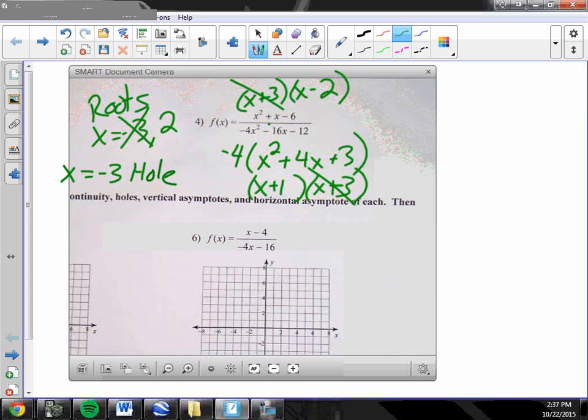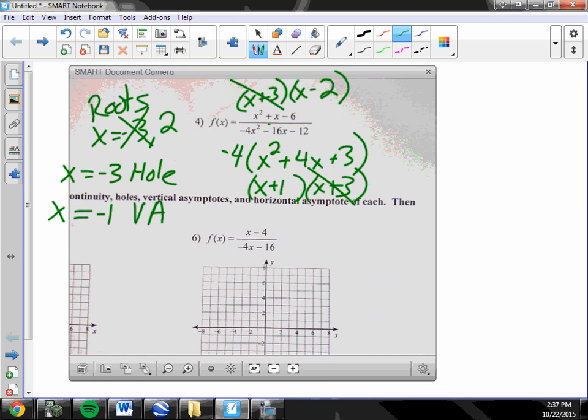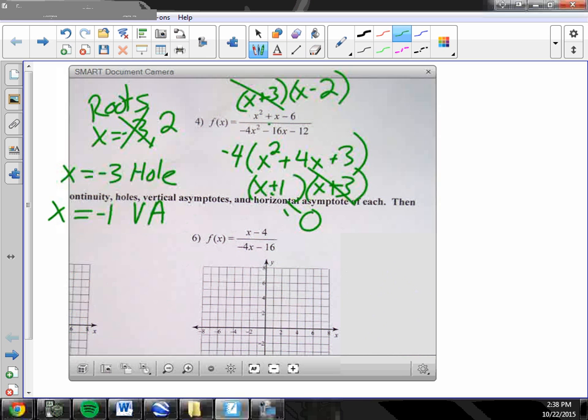And then x equals negative 1 is a vertical asymptote. Okay, did I explain that in a way that it all kind of made sense? So I set this equal to 0. Negative 1 creates a 0 here, which makes the denominator 0, and it didn't cancel, so it has to be a vertical asymptote.